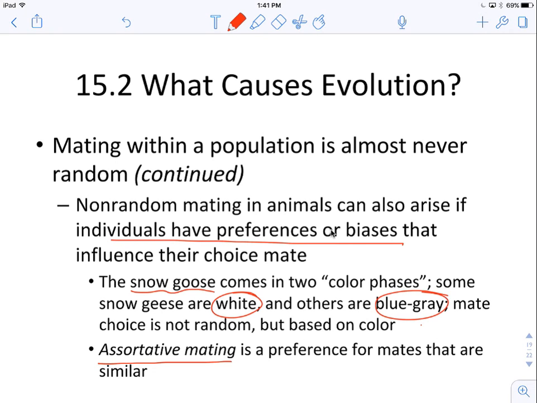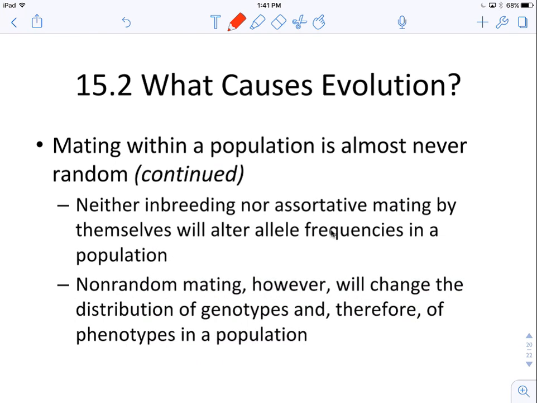And the mate choice is based on color. It's not random. White geese mate with white geese, blue-gray geese mate with blue-gray geese. And again, this helps to isolate and reduce the genetic diversity in the gene pool.